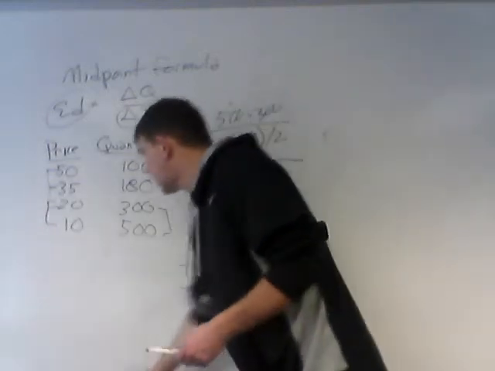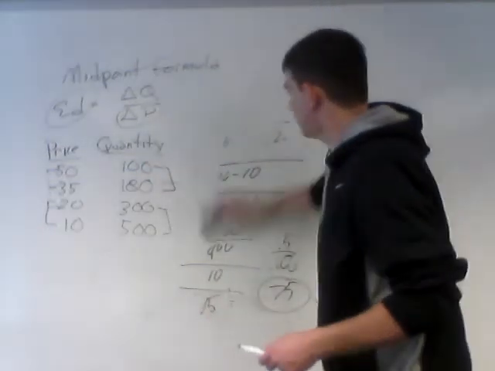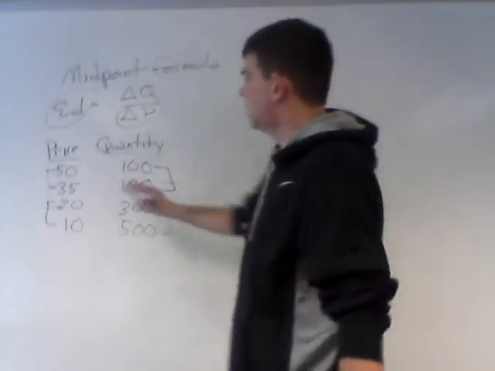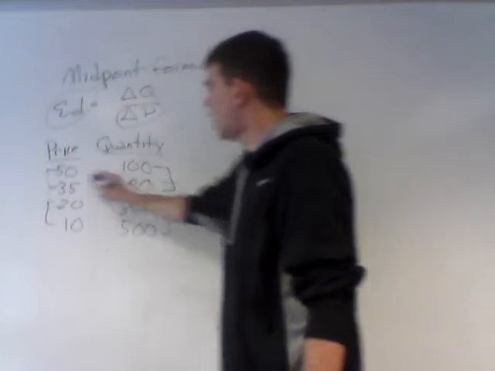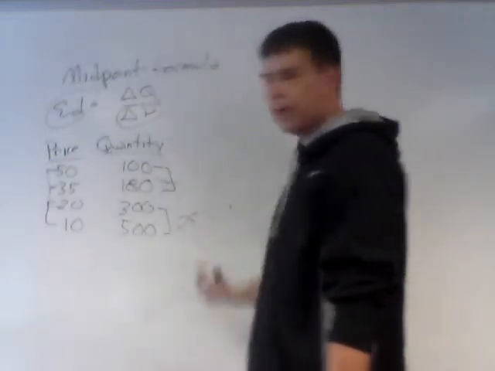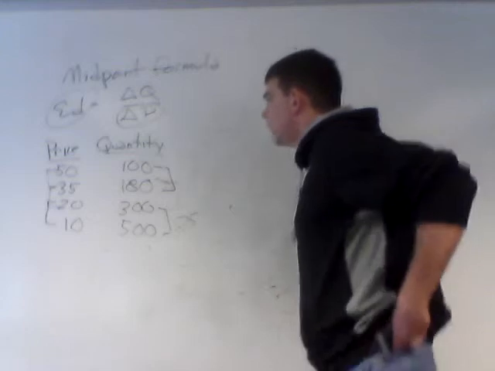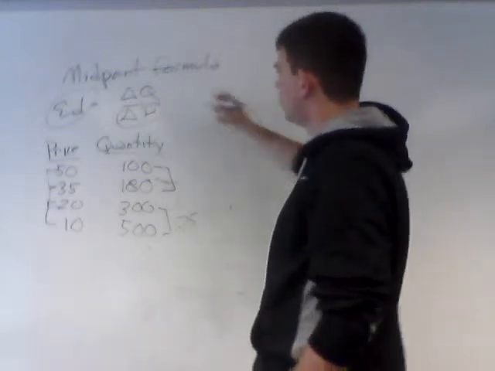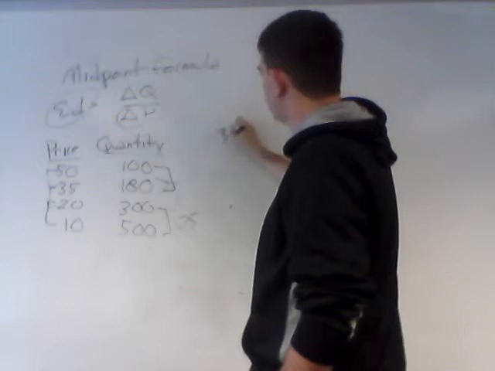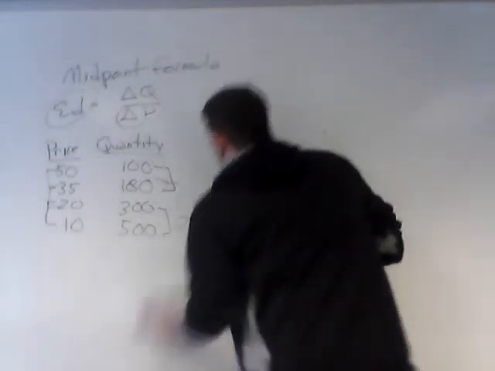Let's try another. Let's try it again. Let's take a look at elasticity in the $35 to $20 range. Okay? So in this range, it was 0.75, right? Okay? So again, we can do the same thing. We have change in quantity over change in price. So we have 35, quantity.